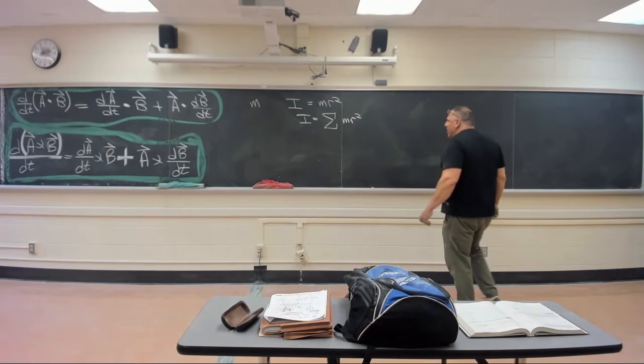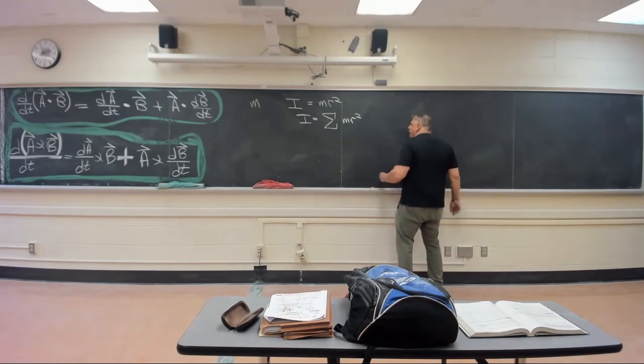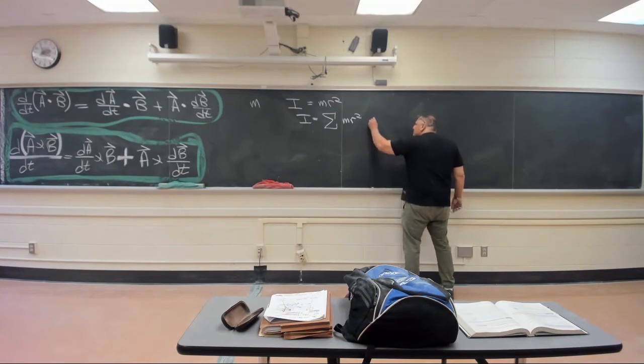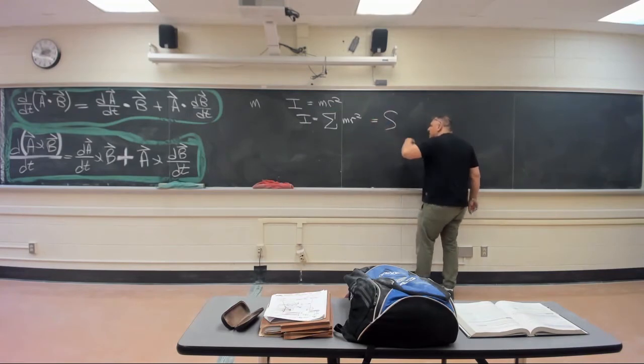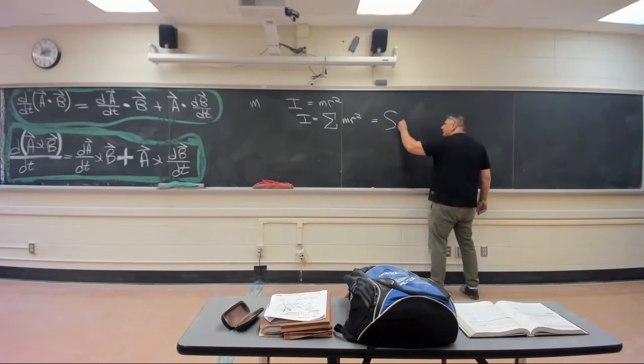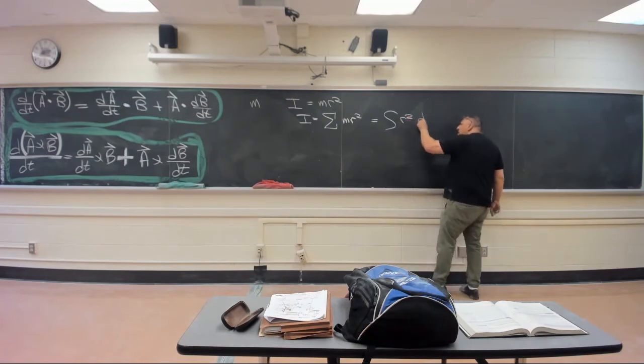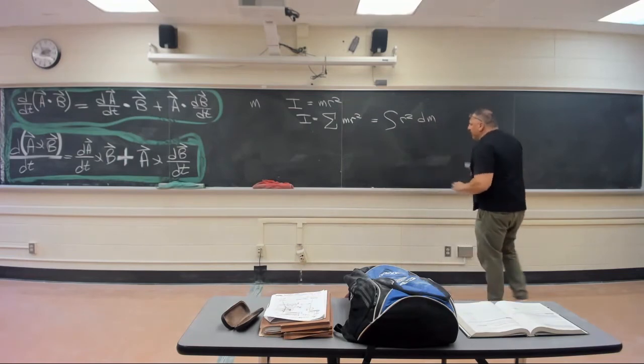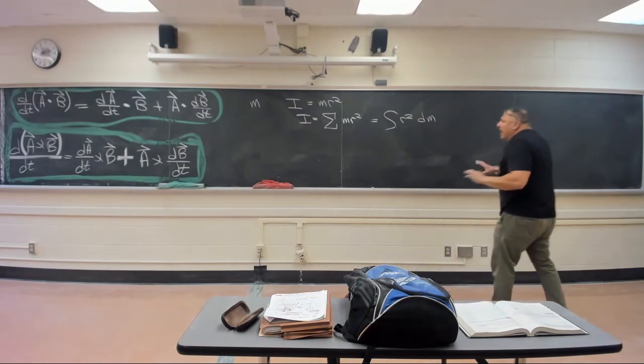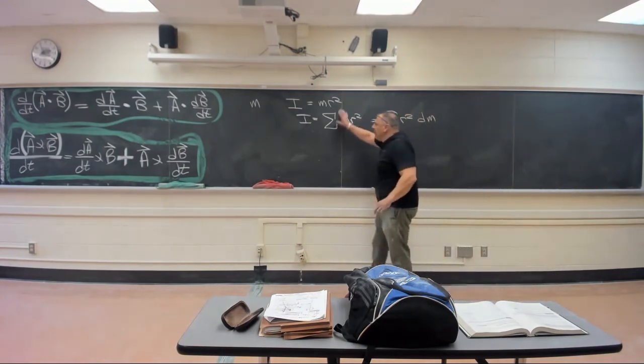There's a lot you can do here. In the calculus realm, that becomes a different dynamic. You're doing something of the nature of r squared dm, where for a small mass and distances, you can get something like this. So all of this holds.